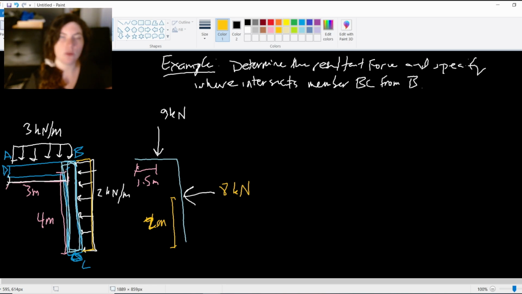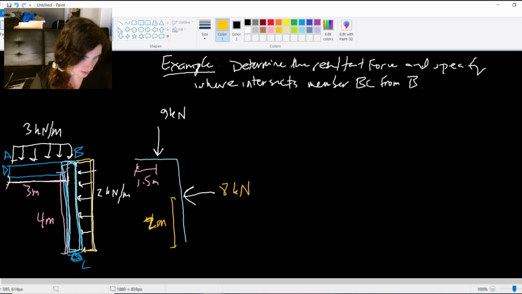But is that where the resultant force overall is acting? It's not. That's only where this 8 kilonewton force is. It's acting 2 meters from B or from C, but only that component of it. What we need to do is take the moment and then determine where the overall resultant is interacting with this, right?